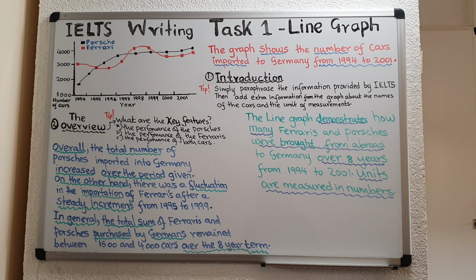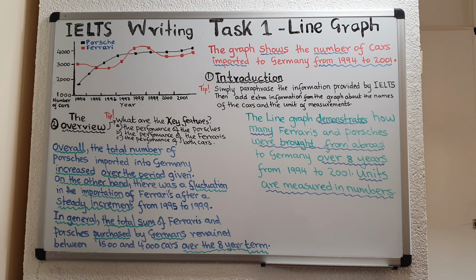Now, this brings me to the last section of this lesson, where I'm going to give you a few tips to ensure that you have a very easy time when you're writing your introduction and the overview. First of all, with the introduction, write 1 to 2 sentences. The first sentence, just paraphrase the information that IELTS has already provided you with. In the second sentence, talk about the units of measurements.